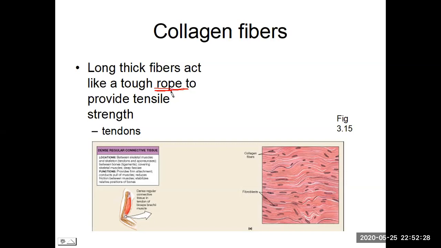So any connective tissue that has collagen running through it, and the more collagen you have, will make that tissue stronger. A great example of where we find this, as you notice in the textbook figure here, is that tendons and ligaments are great examples of structures composed of a large amount of collagen fibers. So these are strong tissues.